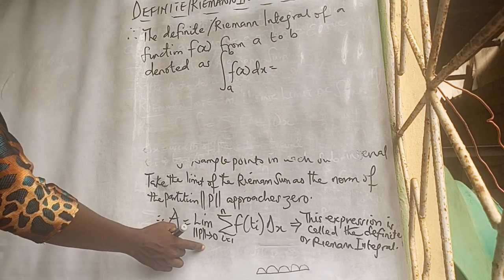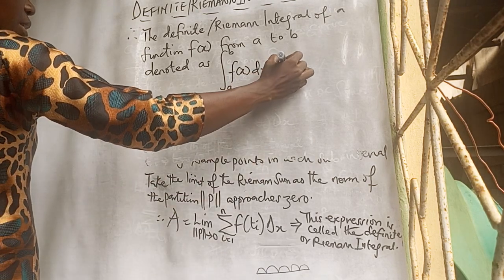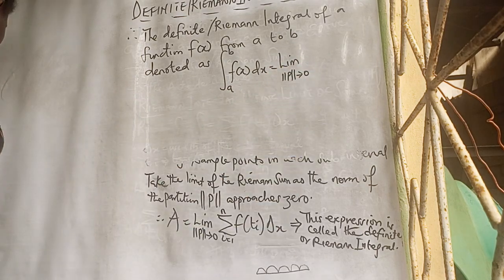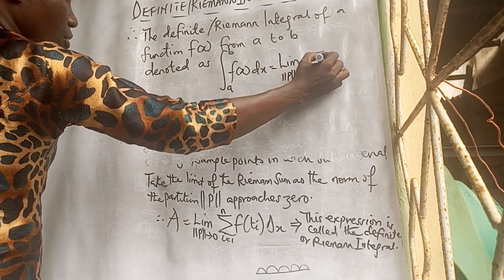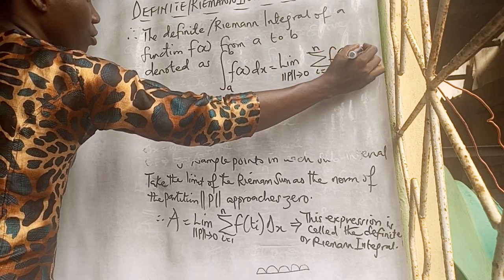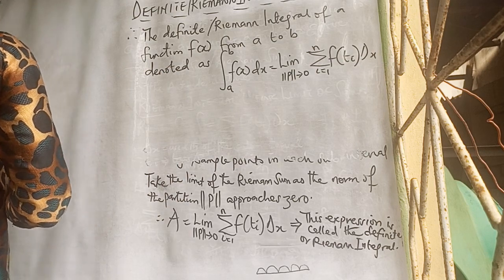And remember, we have said it is the limit as the norm of the partition tends to 0 of the summation as i moves from 1 to n of f of t sub i delta x.